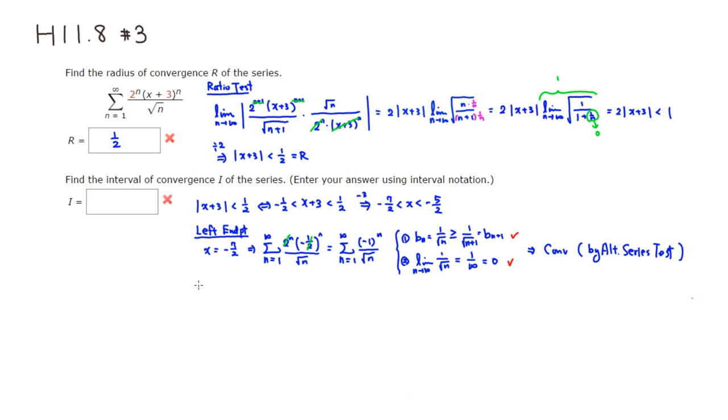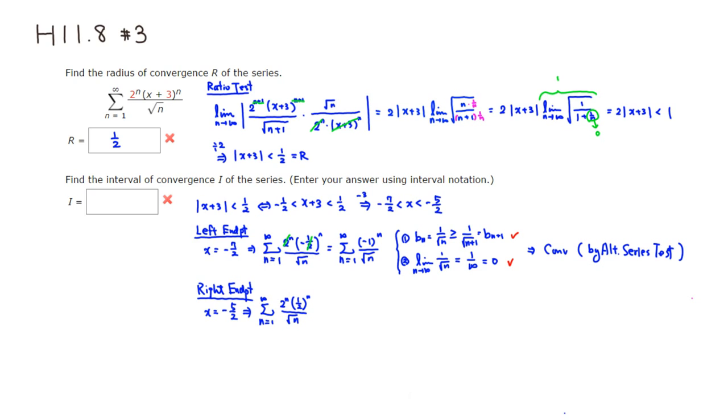Let's check the right endpoint. When x is equal to negative 5 over 2, we have the summation as n goes from 1 to infinity of 2 to the n, times negative 5 over 2 plus 3, which is just 1/2, to the n, over the square root of n.